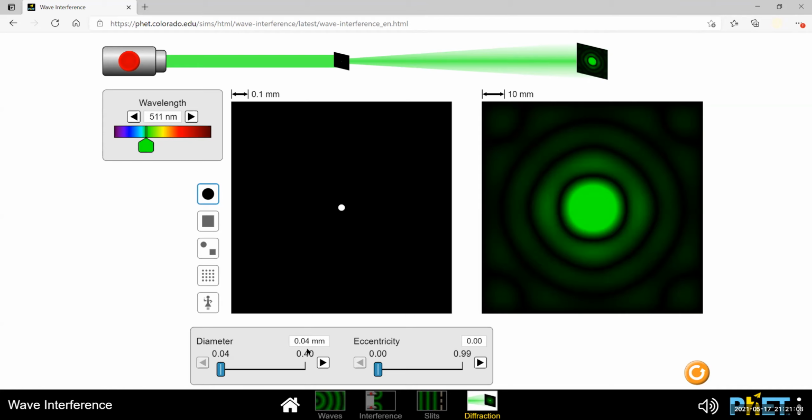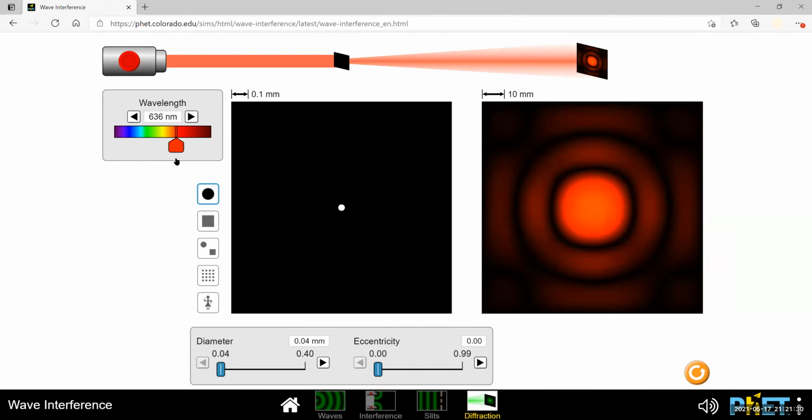Don't forget the 1.22. The other way is just taking this radius r and dividing by 90 centimeters. You need to tell me if the two results are the same or if there is a discrepancy between them. Then you change it to the other color, 629, and do the same calculation. You tell me if there is an agreement between the experimental value, the one that you measure, and the known value, the one that comes from the other formula. Make sense for question 4?